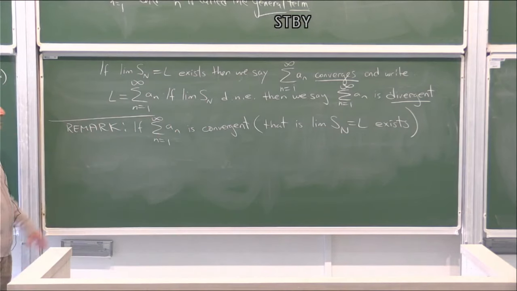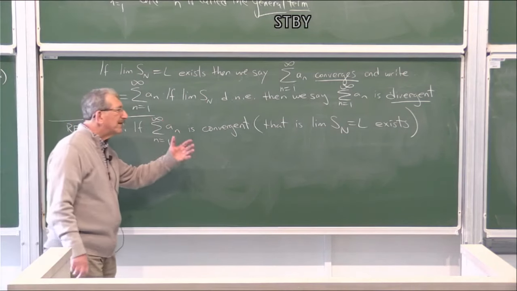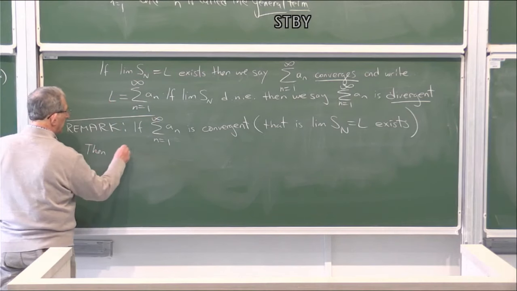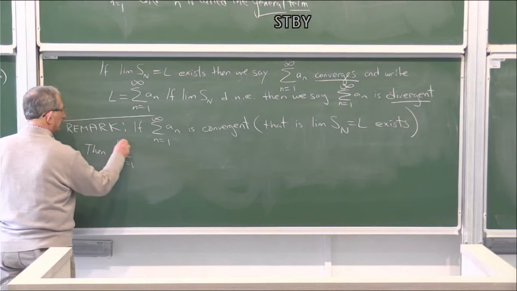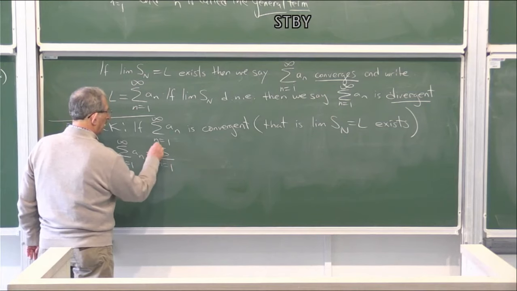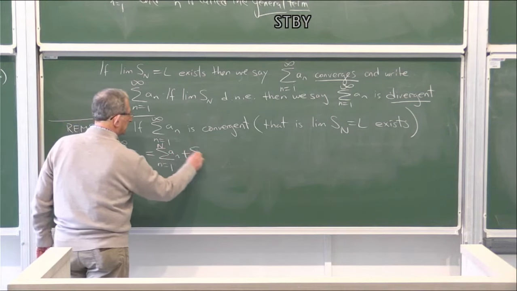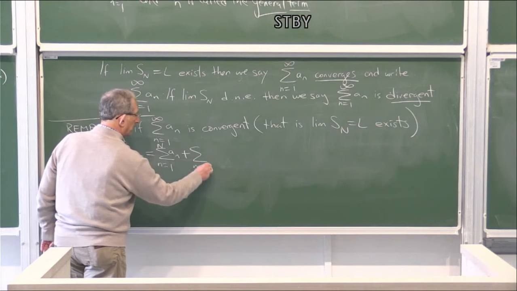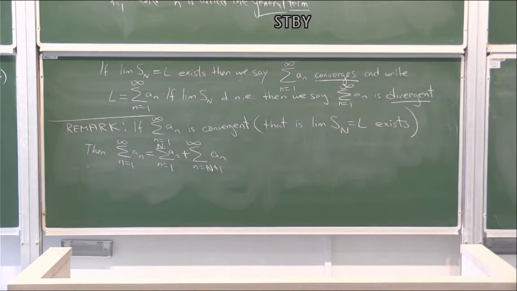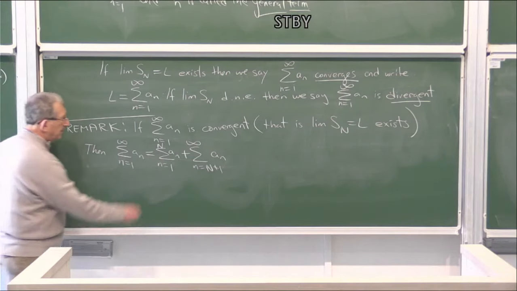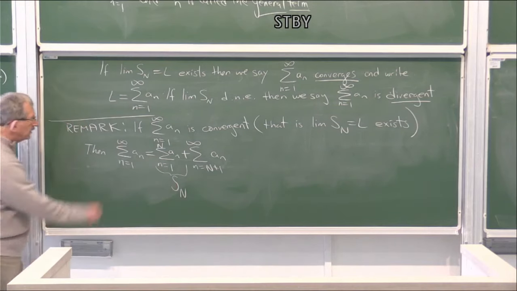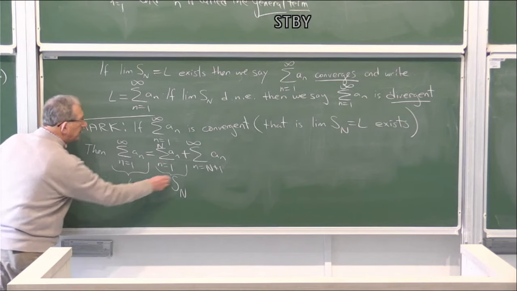So, if a series is convergent, that is, if the limit of Sn is L, it means the following. Then we can write this series as a sum up to n plus the remaining terms added together. Now, what happens here? This is nothing but Sn. This is nothing but the limit of Sn.